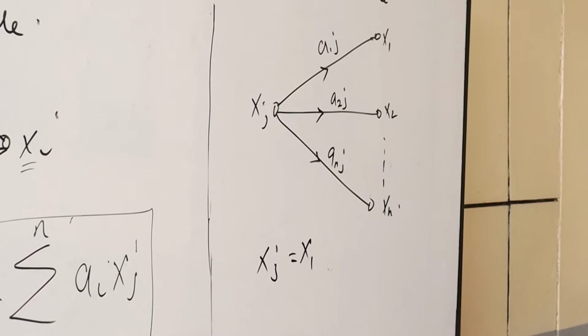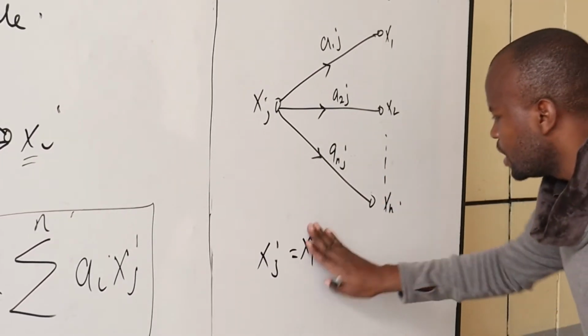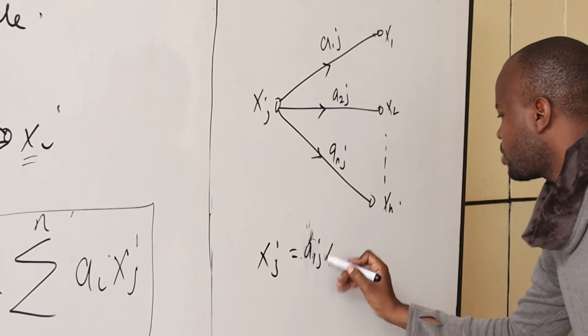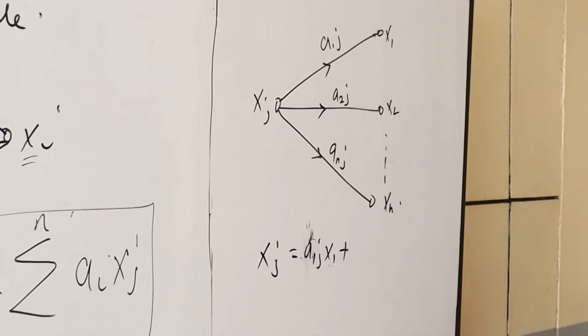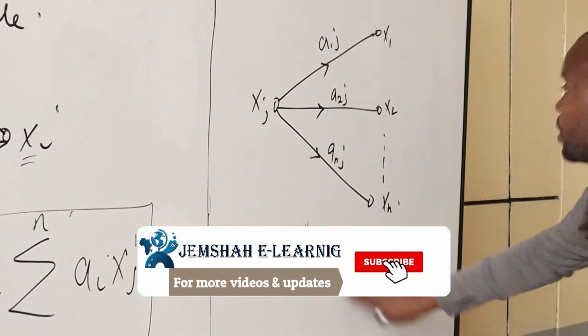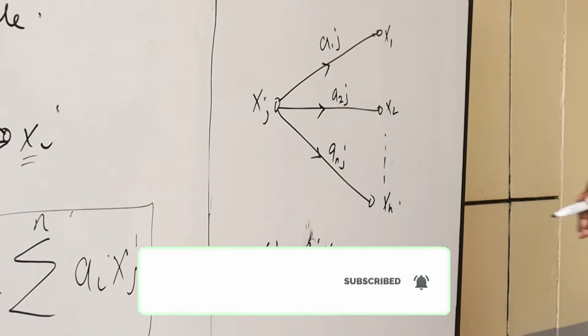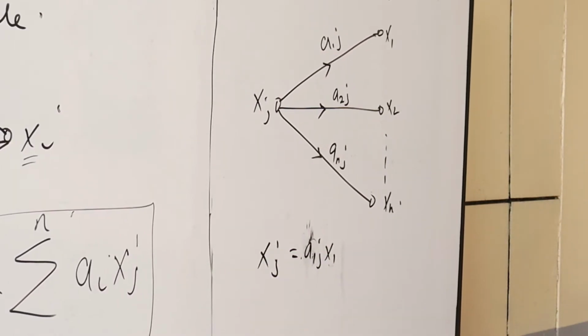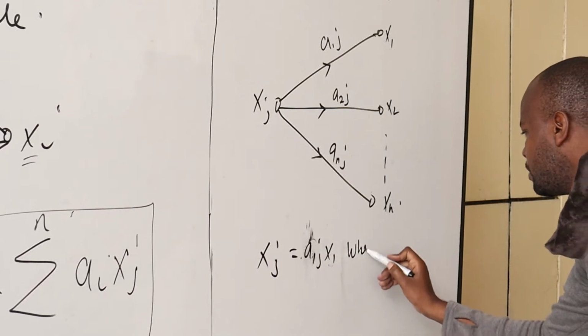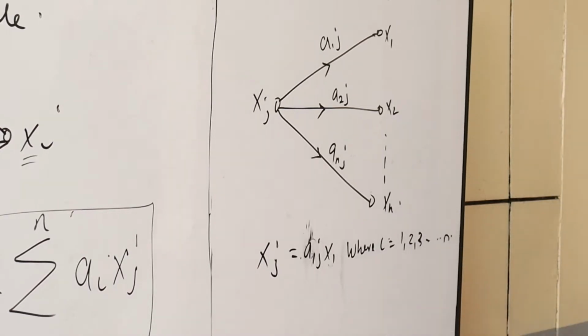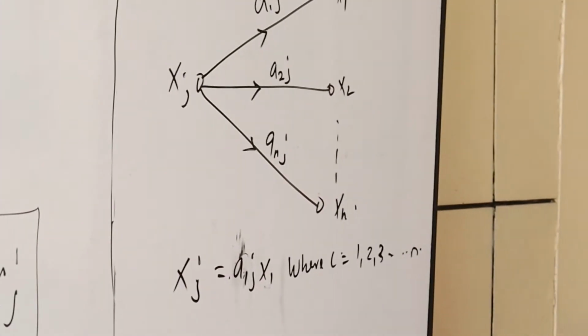We can start with the transmission function, a1j x1 plus, and so on. We can generalize this, because it is i that is going to change, so we can have i equal to any integer until you get to n, and that can be represented by this.